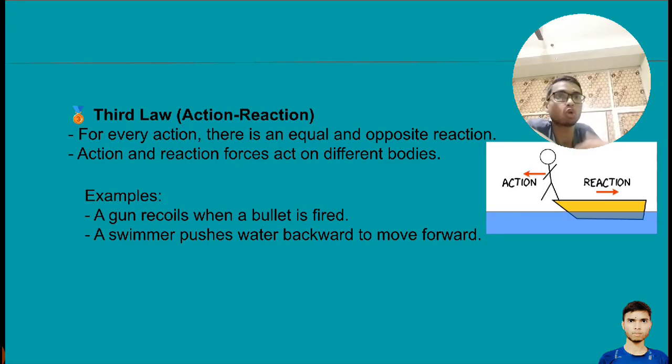But from the second law, you will calculate how many newtons are being applied on the object. In the second law of Newton, you will calculate force. Clear?